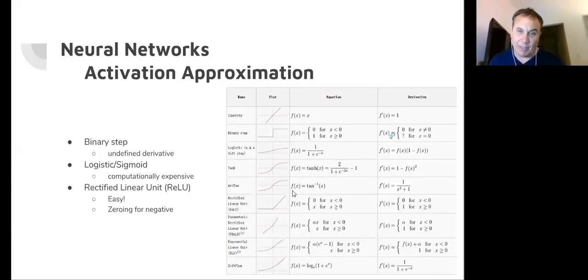So that one can be calculated very, very quickly, and I'm pretty sure that's why convolutional neural networks, which are huge, use the ReLU most often. So those are the big reasons, and different parts of our neural network will use different functions, which we will get into.